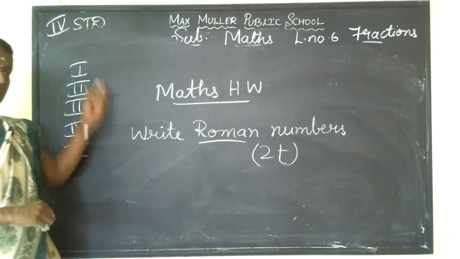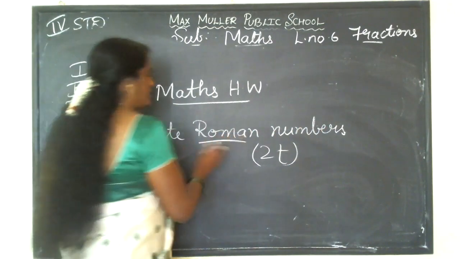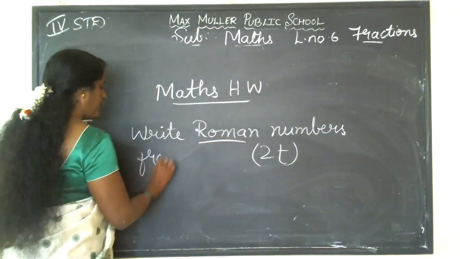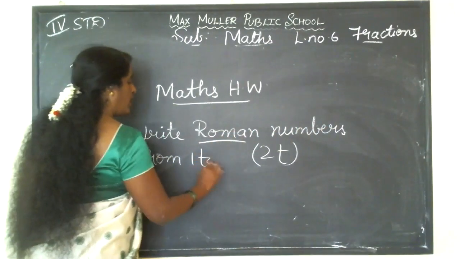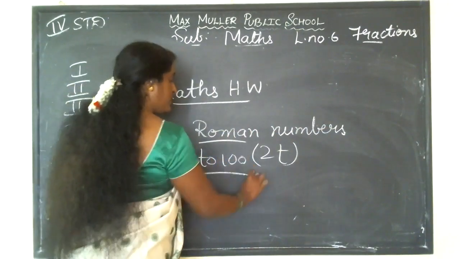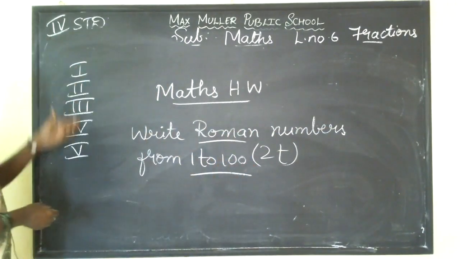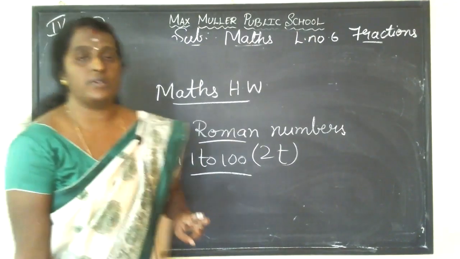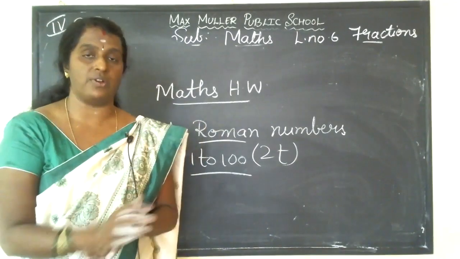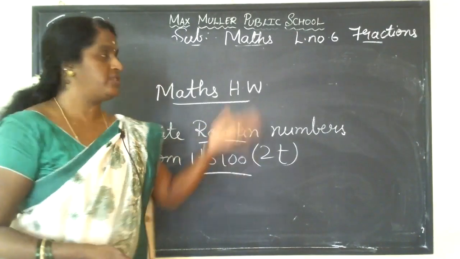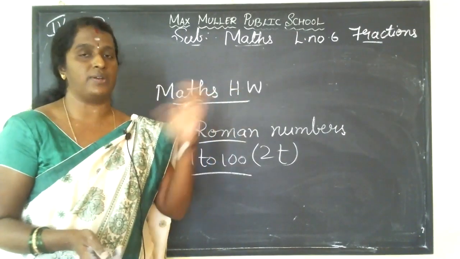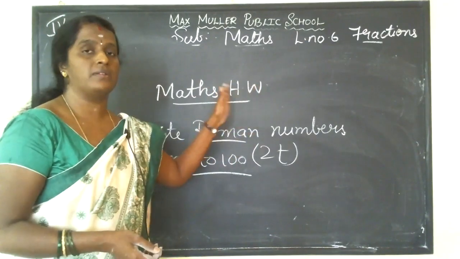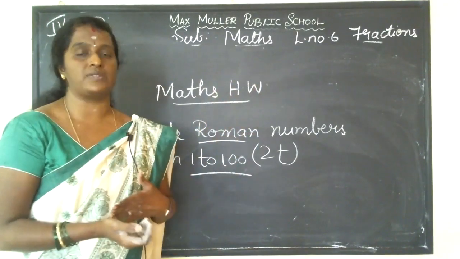Write Roman numbers from 1 to 100. It is there in your classwork. This is your Roman numbers. You should write like this. So you write 2 times, children. Next class I'll give you this fraction only. Those who do not have a textbook, I'll write it on the board. Okay, children, you can do the sums. So just copy. This is your maths homework. Write it in your maths homework.